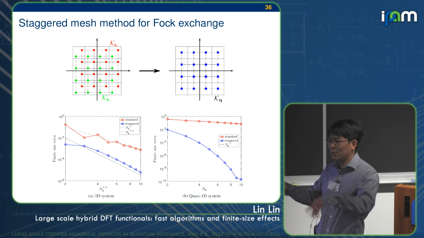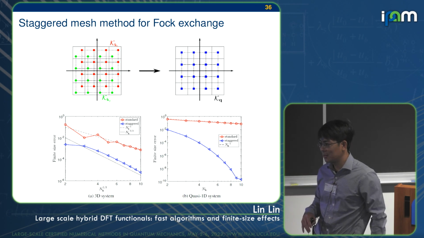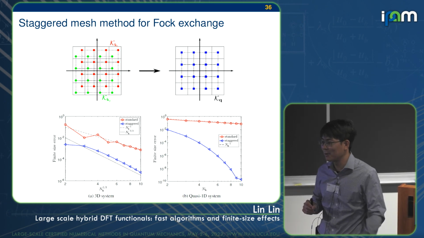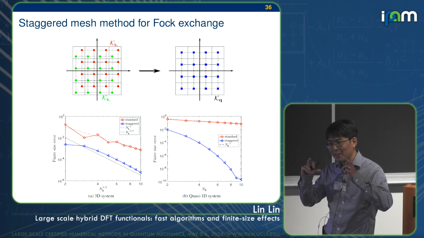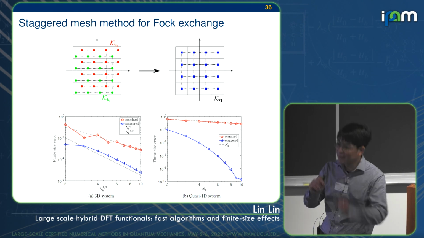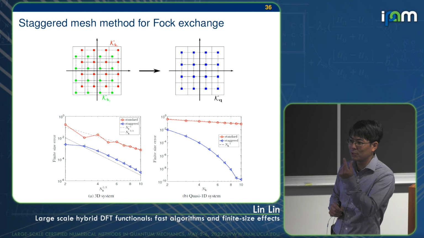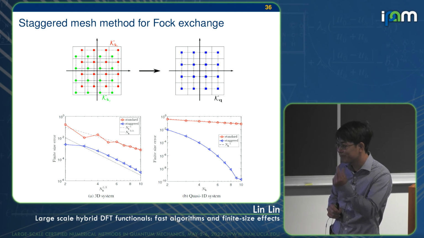So you need to integrate over the Ki and the Kj, right? But if you let Ki be on one Monkhorst-Pack grid, and let Kj be on another Monkhorst-Pack grid that's literally shifted a little bit, what does that do? That makes the Q, this momentum transfer, non-zero.